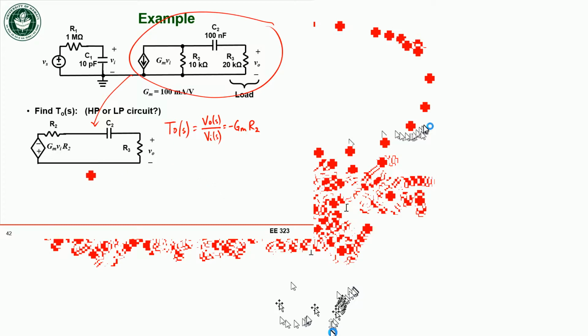And then I'm doing a voltage divider between R3, R2, and C2. So R3 is in the numerator, and all the impedances are going to be in the denominator.